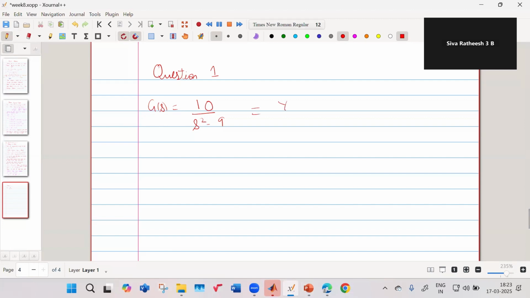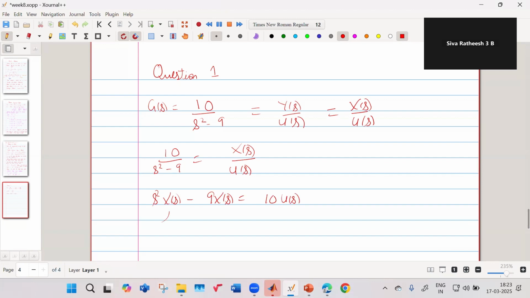This actually is equal to y of s upon u of s, and in this case we will consider this to be x of s upon u of s. So 10 upon s square minus 9 is equal to x of s upon u of s. This is a revision of a concept which you had learned earlier, various canonical forms. So this actually is s square into x of s minus 9 into x of s is equal to 10 into u of s.